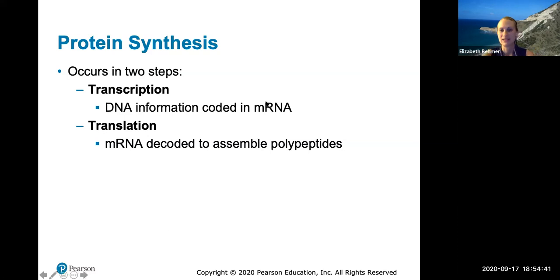This happens inside the nucleus. And then in translation, messenger RNA leaves the nucleus and it goes to ribosomes, where the ribosomal RNA will help to assemble polypeptides when a transfer RNA brings along amino acids.